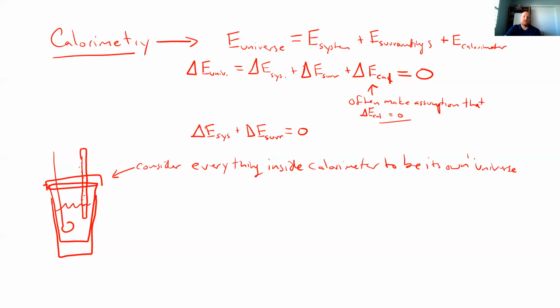Right? Or a pseudo universe, sort of parenthetically a universe. And why is that? Well, the calorimeter is a good insulator. And so if it's a good insulator, right, it doesn't allow heat in or out.